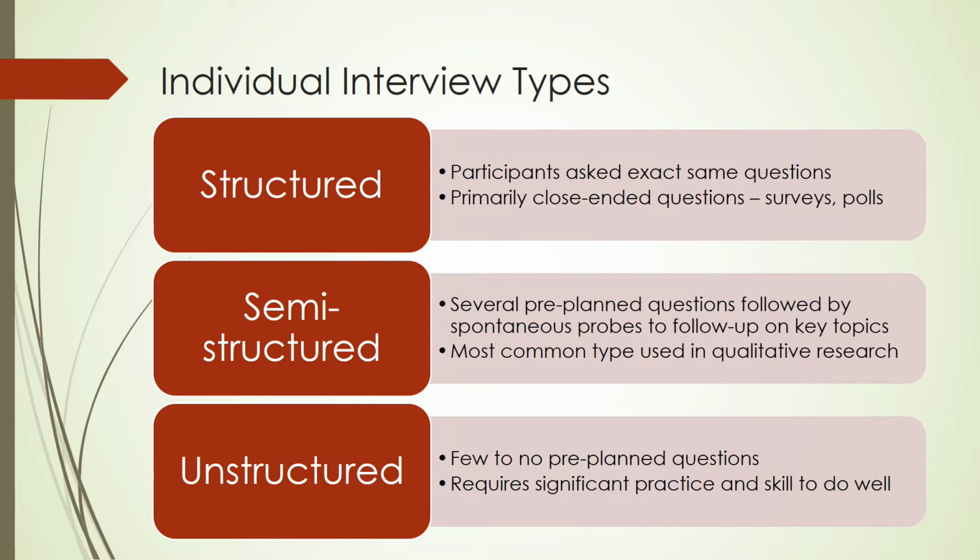And then unstructured is few to no pre-planned questions, but this type requires significant practice and skill to do well. So generally, it's qualitative researchers that have been doing it a while, and generally used more in a spontaneous context where you're in a clinic and you just grab people when you can and try to get information.